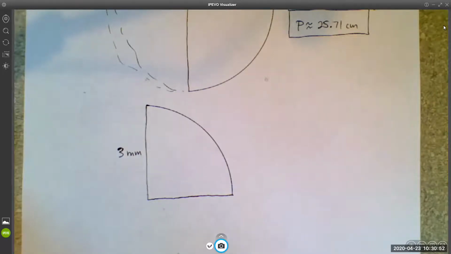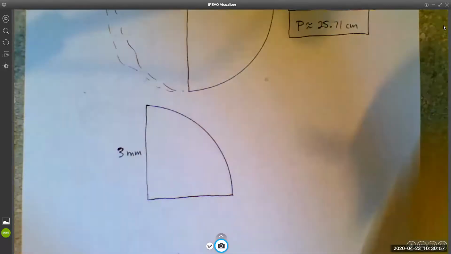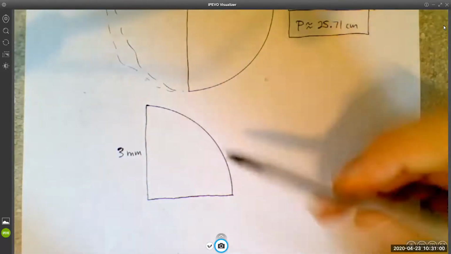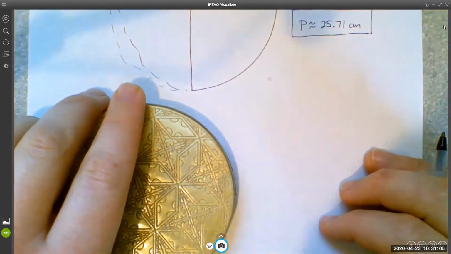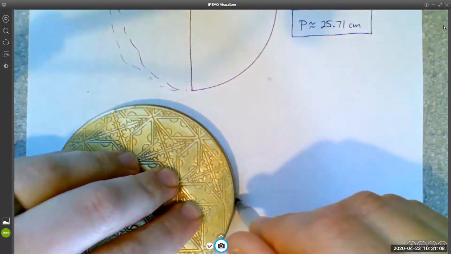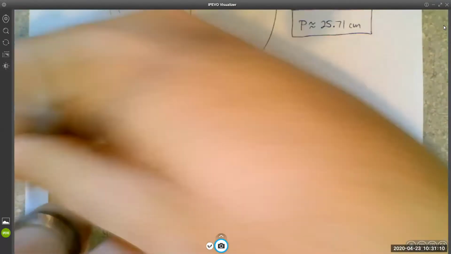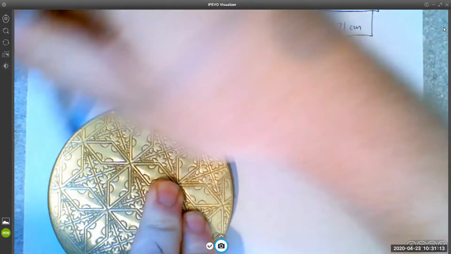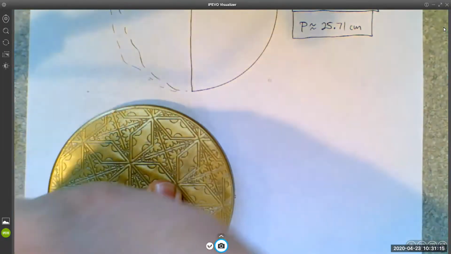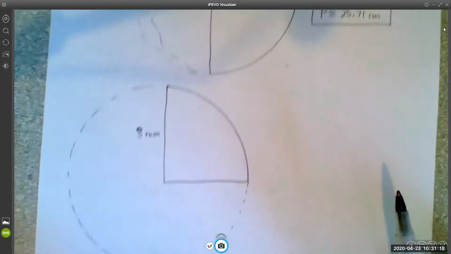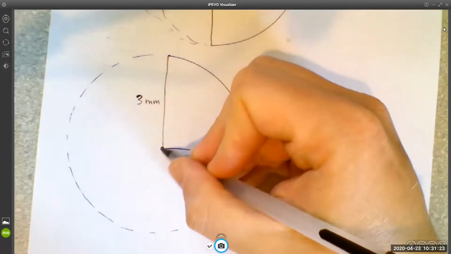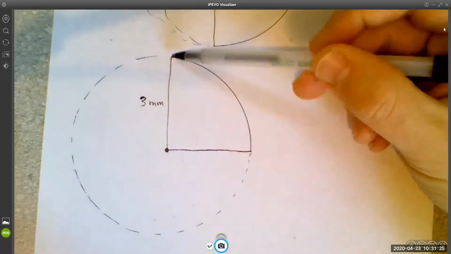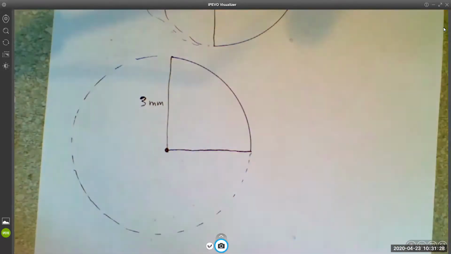It may go without saying, but by way of a hint, if this is a quarter circle, and you were to, let me use my lid as a cheat, complete the circle going all the way around this thing, then you can see that this is the center of the circle, which means that this segment right here, well, I won't give it away, right?